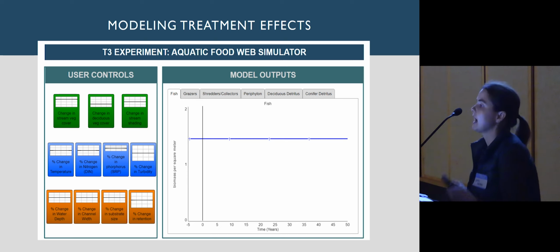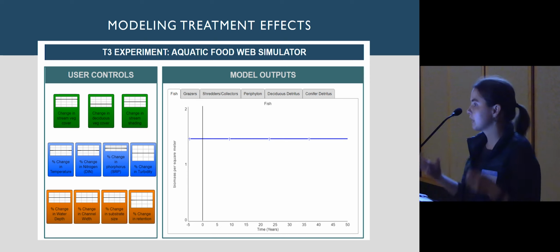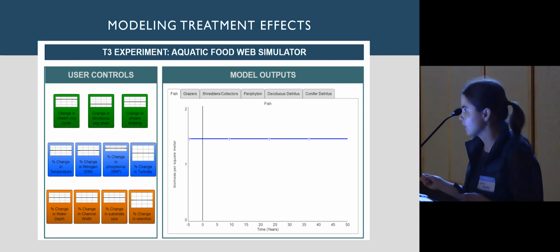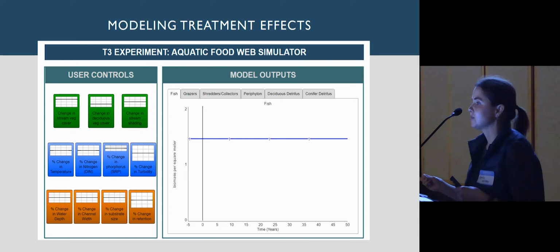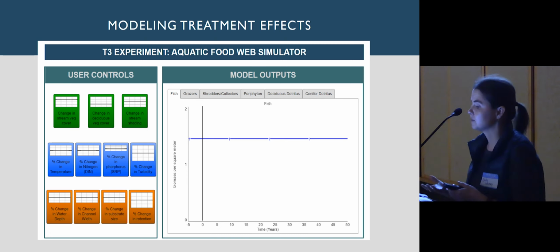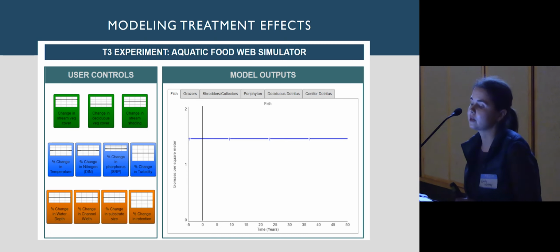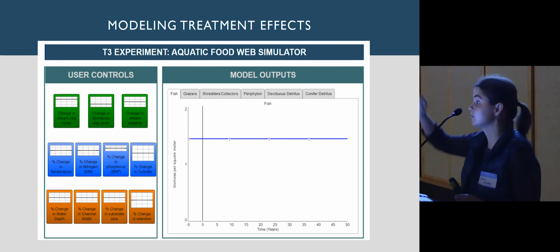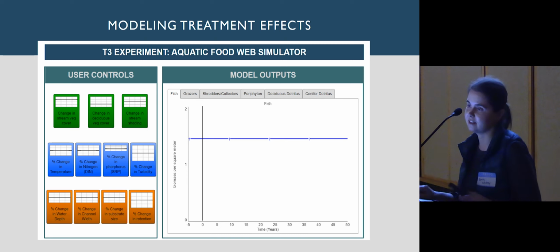We asked people how they thought environmental conditions would change in response to each of these treatments, and we asked them to actually draw out these response trajectories. In some cases, that was pen and paper, marks on a whiteboard. In other cases, we have this interface page to our model where you can go in under user controls and select different variables and actually draw out how you would expect things to change.